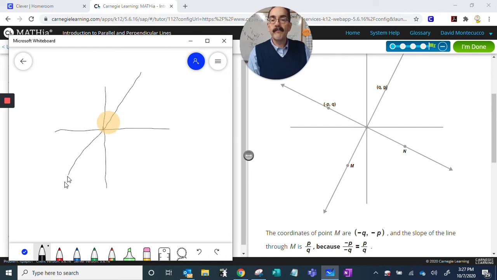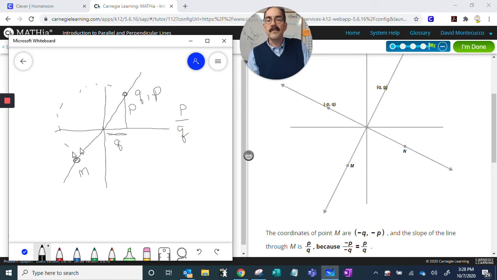We had QP, point M. So the rise is P. The run is Q. P over Q. Well, now we rotated it, and then we rotated it.